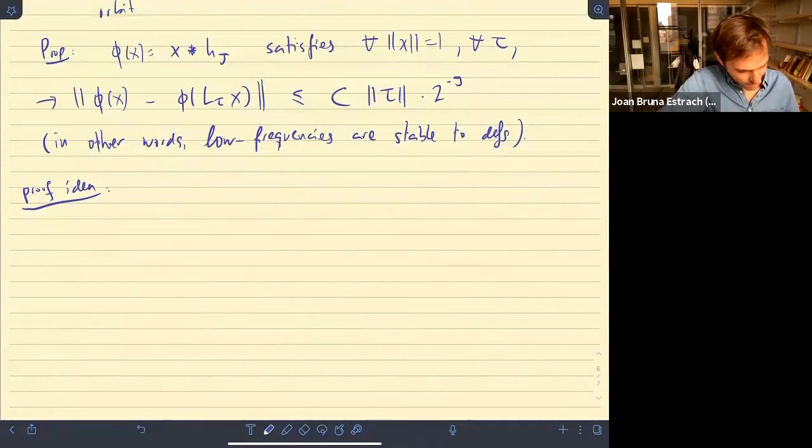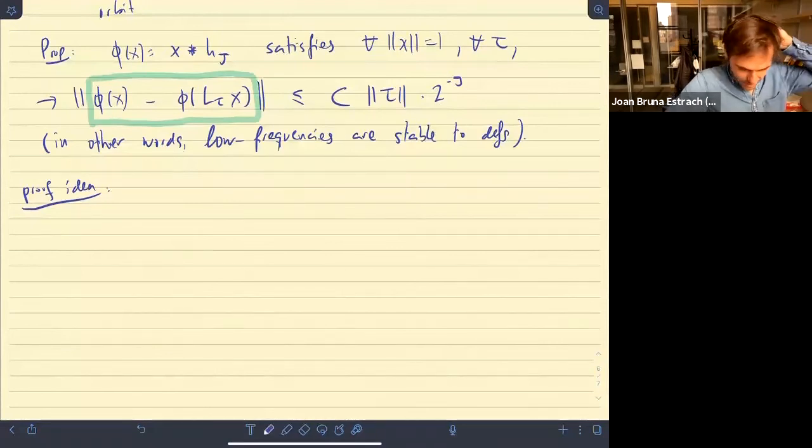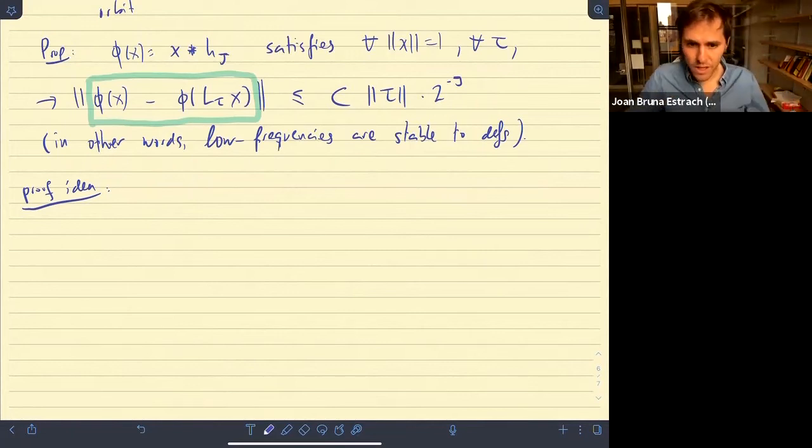Let's look at this object here. So phi is a convolution with a low-pass filter, and I told you that this operator of the deformation is linear. So what are we looking at in this green box?